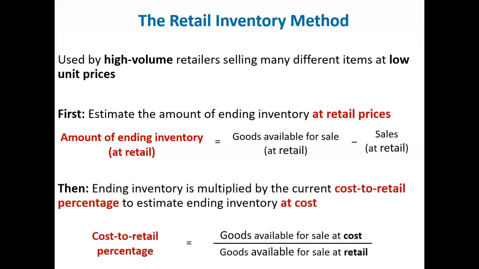Ending inventory at retail is then multiplied by the current cost to retail percentage to estimate ending inventory at cost. The cost to retail percentage is found by dividing goods available for sale at cost by goods available for sale at current selling prices.